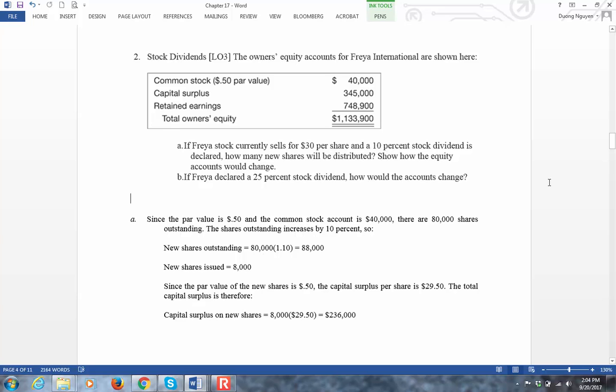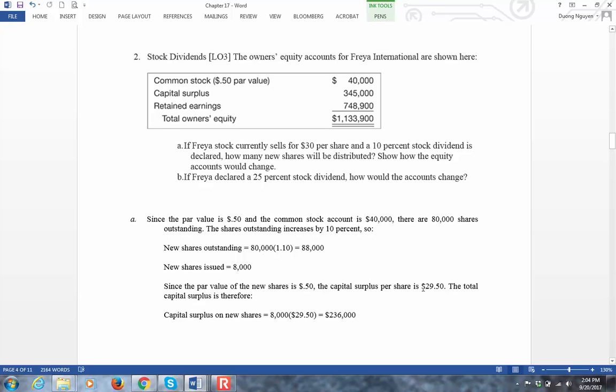Okay, now the current price is $30 per share, and the par value is 50 cents. So obviously the capital surplus is the $30 current price minus 50 cents.